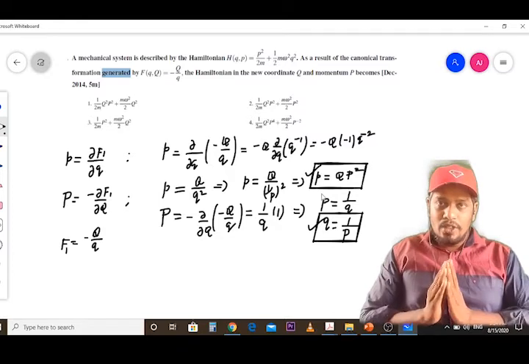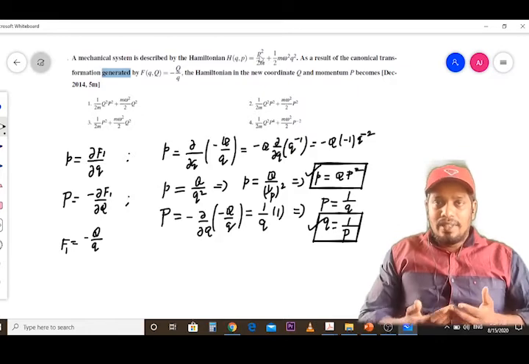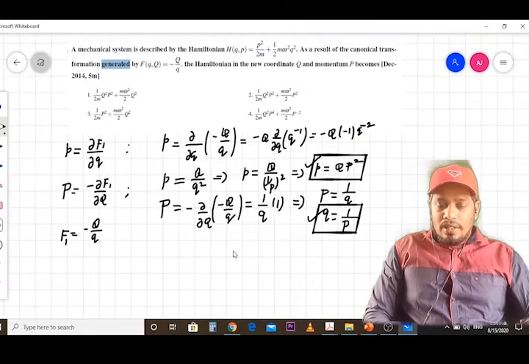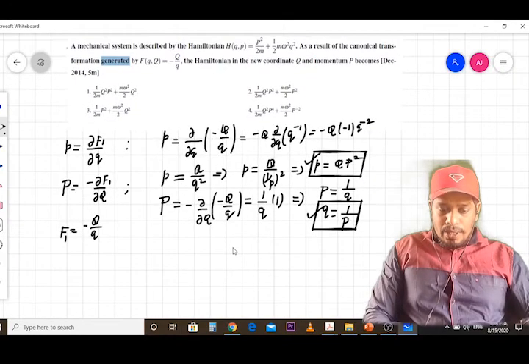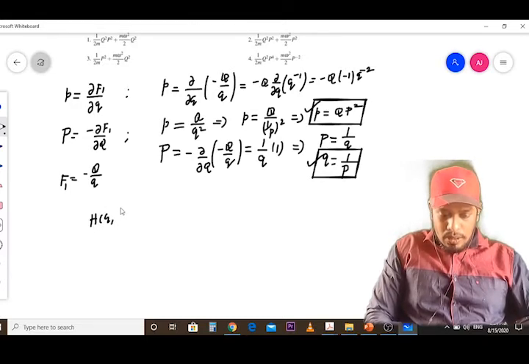Now we have the old coordinate and the old momentum in terms of the new coordinate and new momentum. We can substitute into the Hamiltonian, which will directly give the transformed Hamiltonian. First, write the old Hamiltonian in the old coordinate system, H of small q, small p.